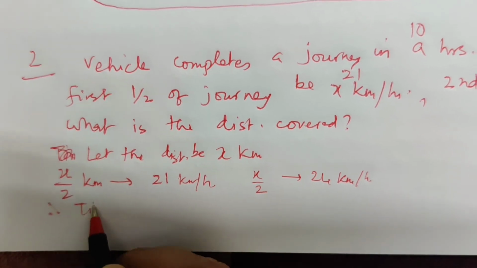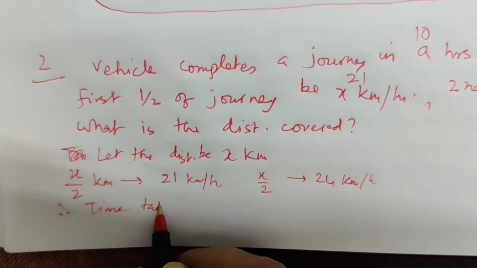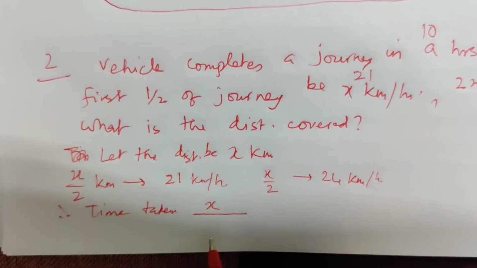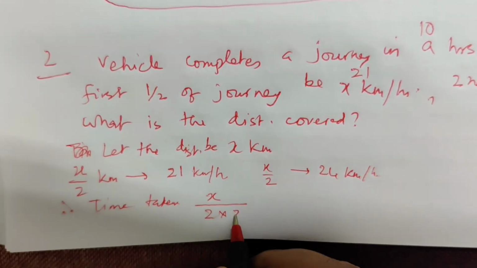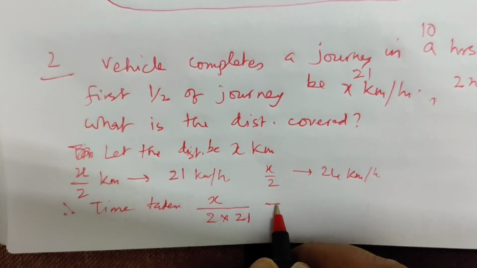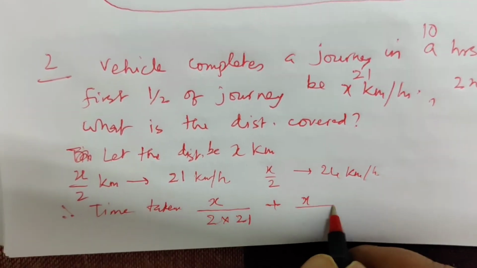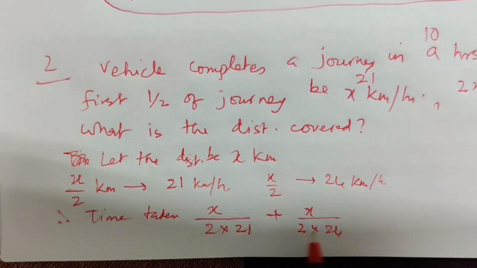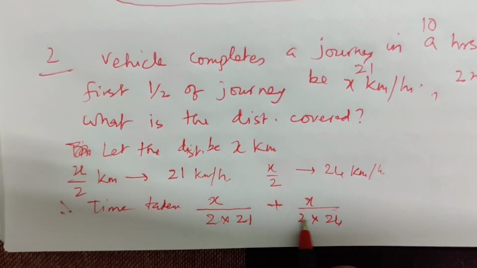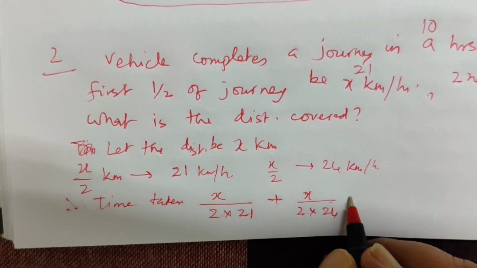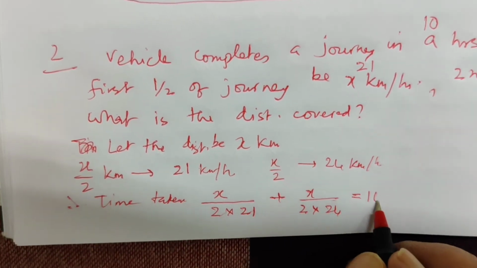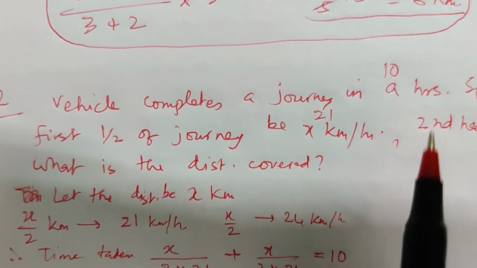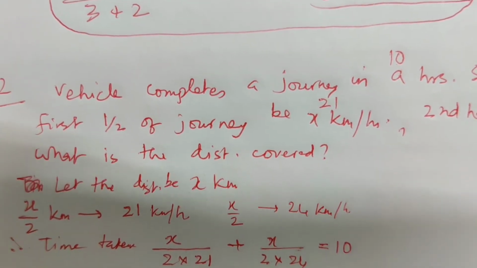Therefore time taken is equal to distance by speed plus distance by speed. So for the 2 halves we have taken like this, that is equal to 10, because we have taken it as 10, this one total time taken is 10 hours.